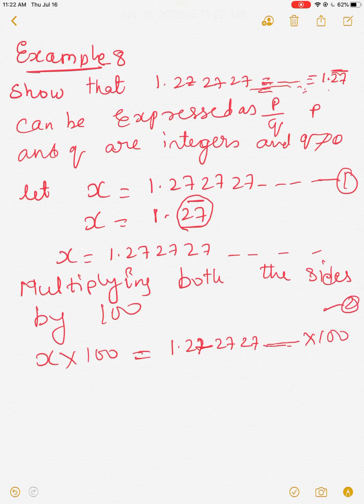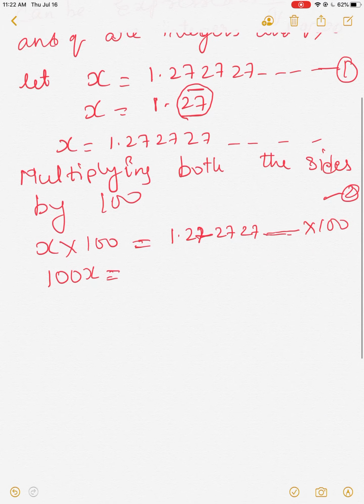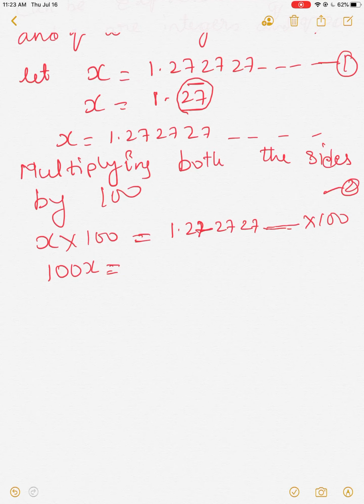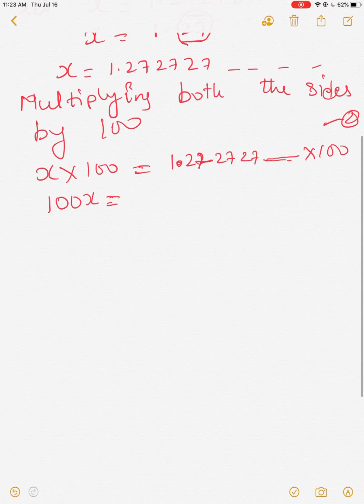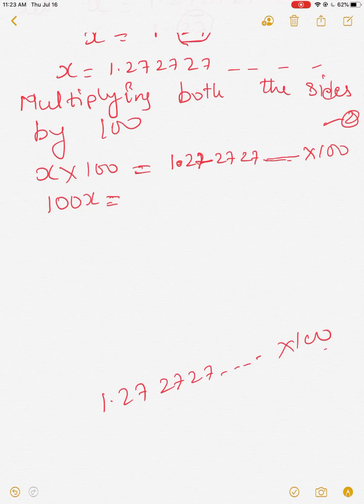This is the second step we will be writing. 100 multiplied by x, 100x. Now I told you, if 2 zeros are there in 100, the decimal will be shifted. 1.272727... multiplied by 100. In 100, 2 zeros are there, so the decimal will be shifted to the right hand side by 2 digits.